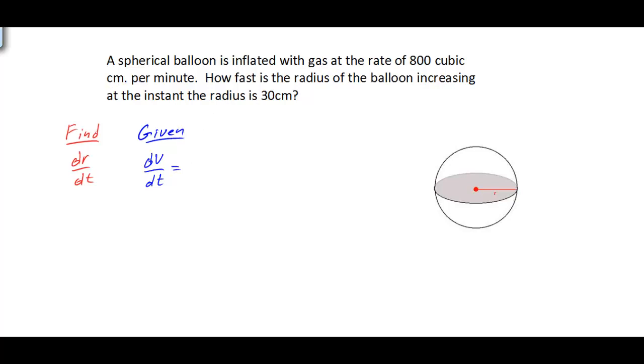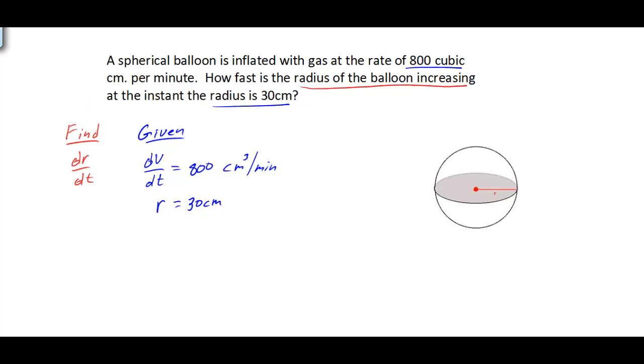When it says cubic centimeters, we know we're talking about volume, the volume of the balloon. So that would be 800 cubic centimeters per minute. And they tell us the radius is 30 centimeters, and we're looking at the change in the radius of the balloon.